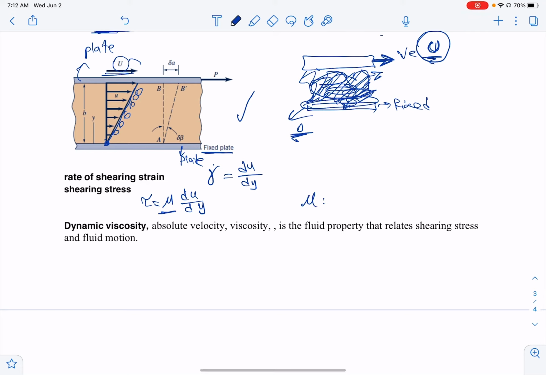Mu is a property of the fluid, and we call it absolute viscosity, or also we call it dynamic viscosity, or they just call it viscosity.